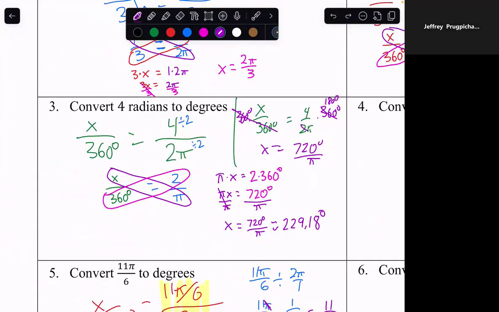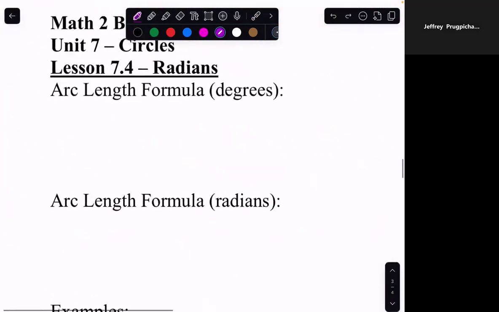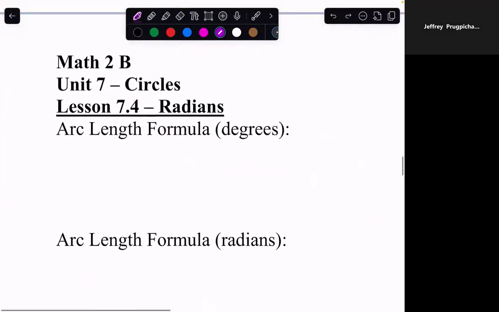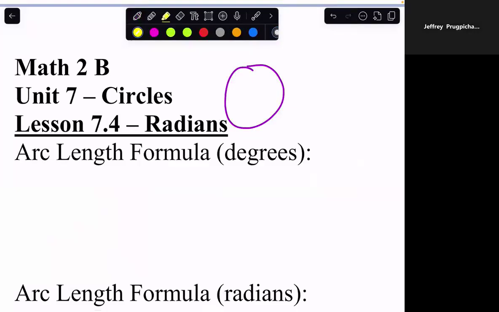Okay, so again, every single problem where we've ever used degrees, we can now solve in radians instead. Okay, so looking at this third page, last class, we learned how to calculate arc length, which remember is like part of the outside of the circle.